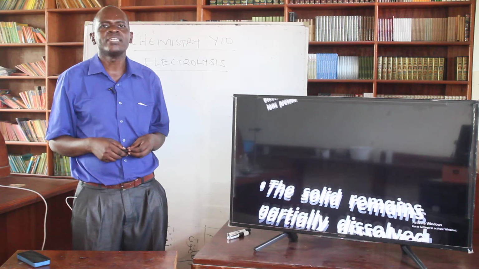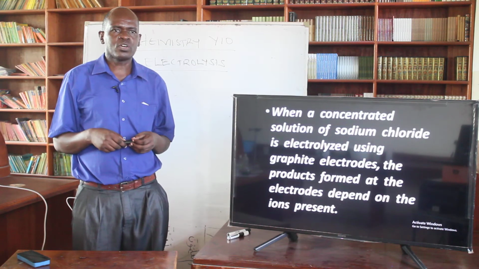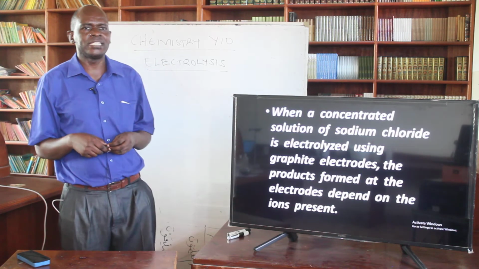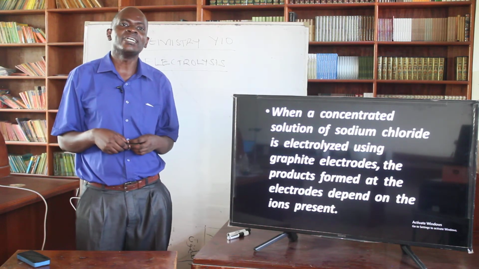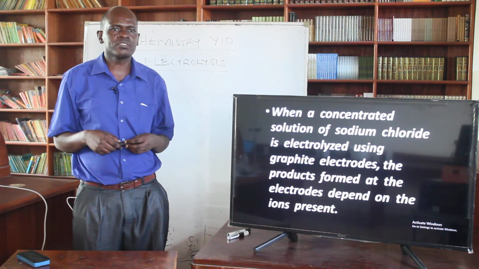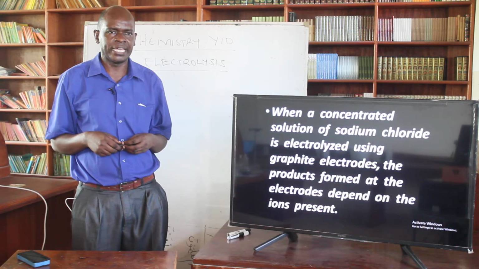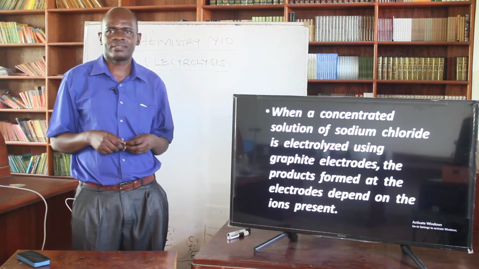Now, when a concentrated solution of sodium chloride is electrolyzed using graphite electrodes, the products formed at the electrodes depend on the ions present.